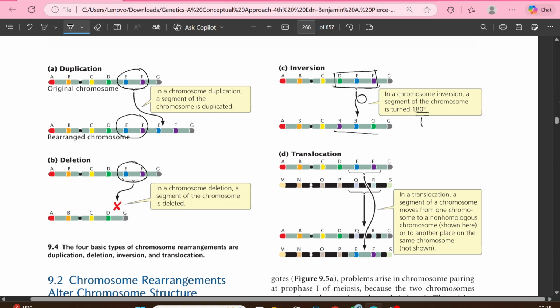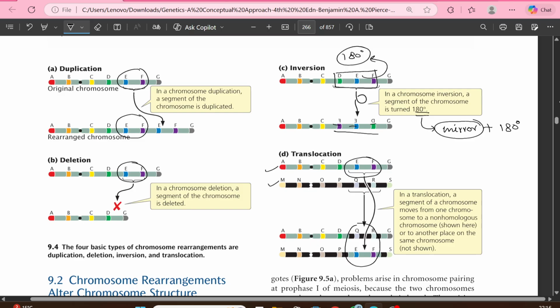So there is a 180 degree inversion, means exact the mirror image which has been formed. So in this mirror image plus the 180 degree, one thing that you have to write is that D, E and F should be in the inverted form, just as to show that it has totally rotated 180 degrees. And then lastly we have the translocation, when we have two different chromosomes and a segment of genes gets inserted into another chromosome, and the other chromosome's genes get inserted into the first chromosome.